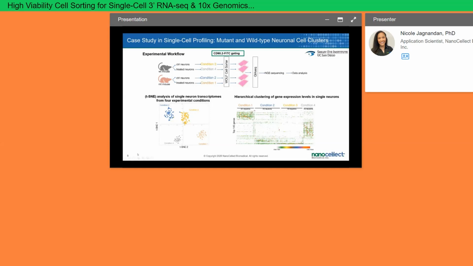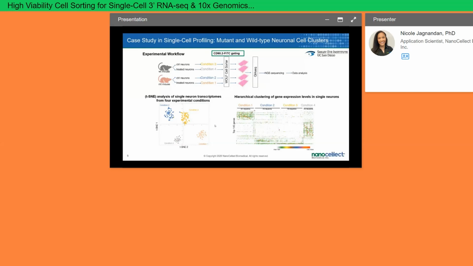So coming out of that, the group was able to find via this tSNE analysis that each of those four different groups of neurons actually did have different types of gene expression, and you can see those clusters based on those four different conditions over here.